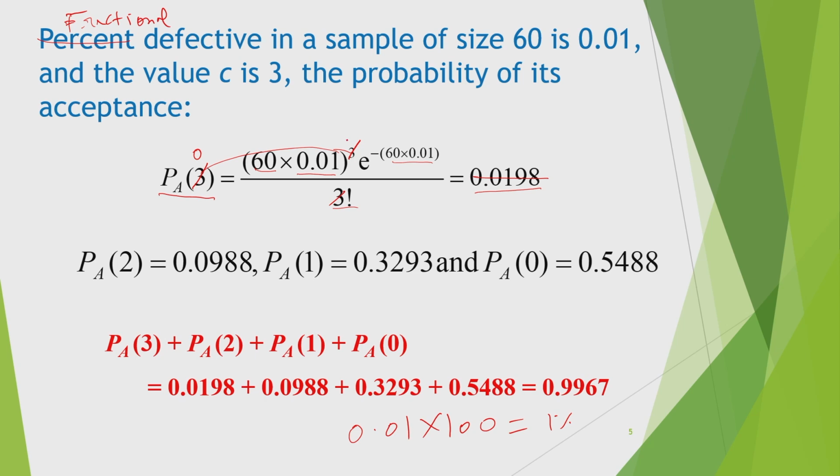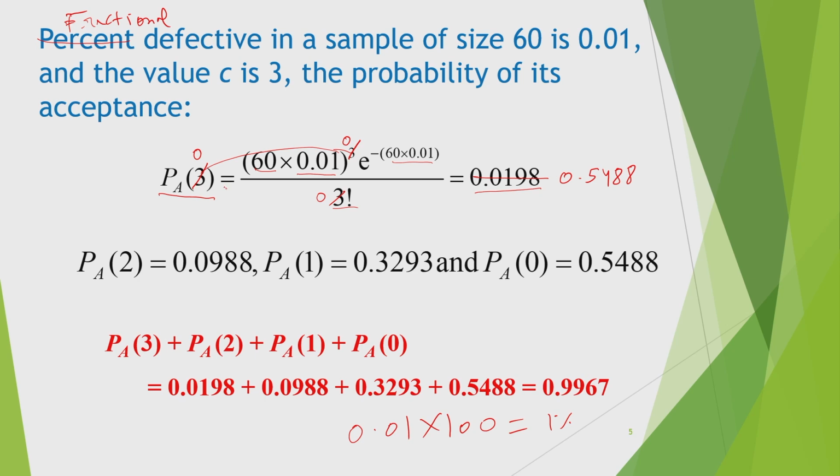So 60 into 0.01 whole to the power 0 is 1, and this is 0 factorial. So 0 factorial is also 1, and if you calculate, it will come 0.5488. Okay, so that probability comes 0.5488.